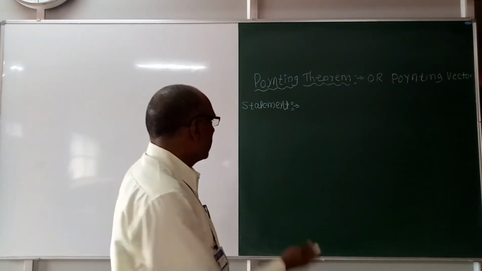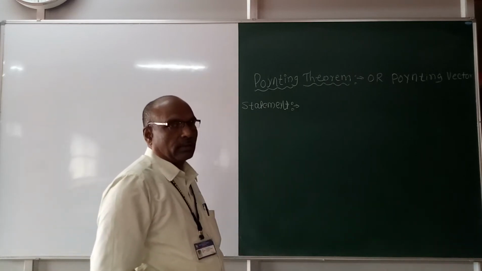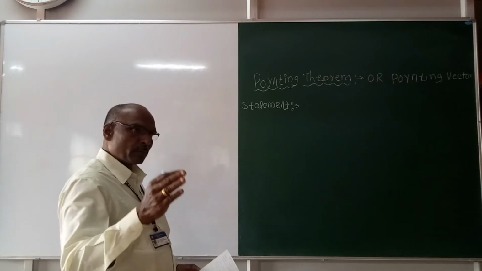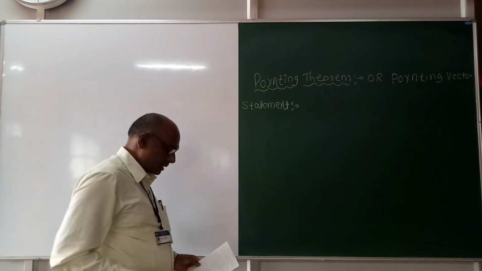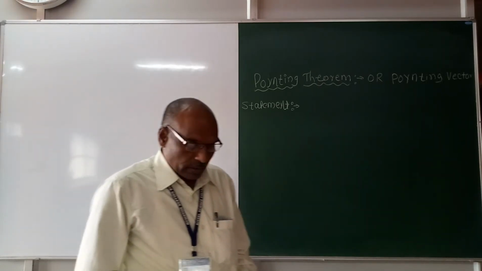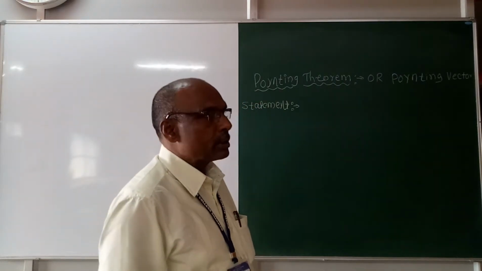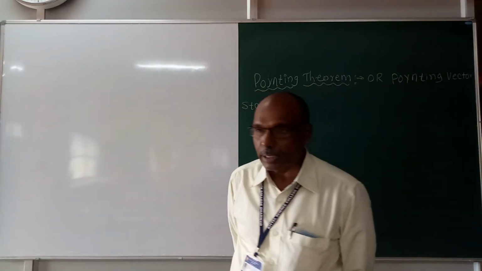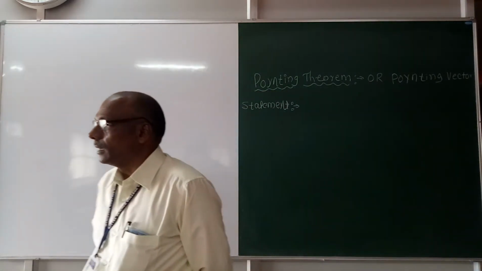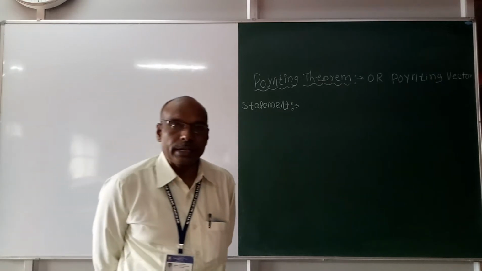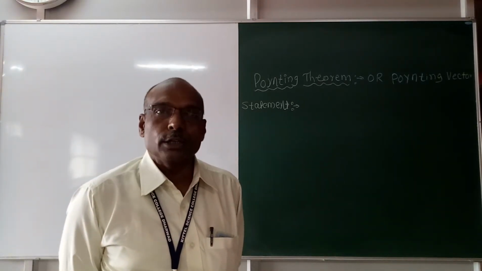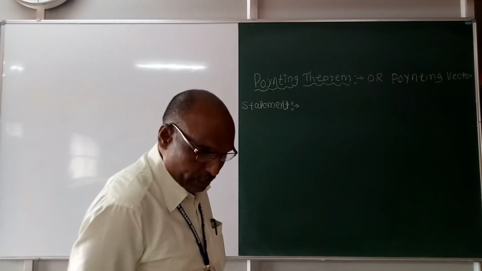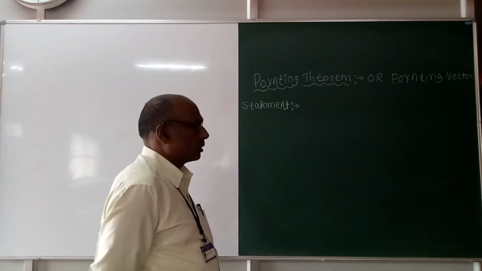Here is a source and here is a point. Through the space, it transfers the energy from the source to the point under consideration. The rate of transfer of energy can be expressed in terms of the electric field intensity and the magnetic field intensity here. Hope you got this.